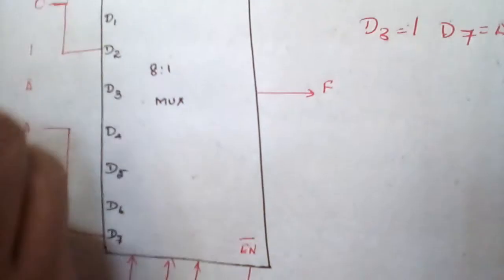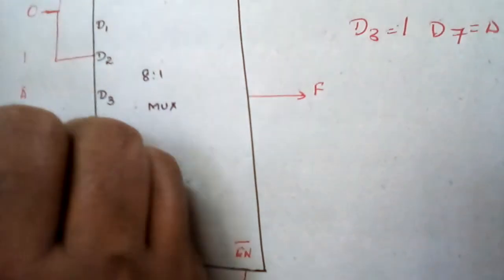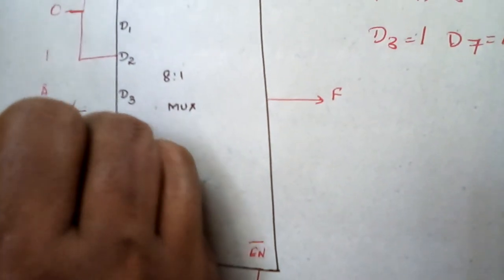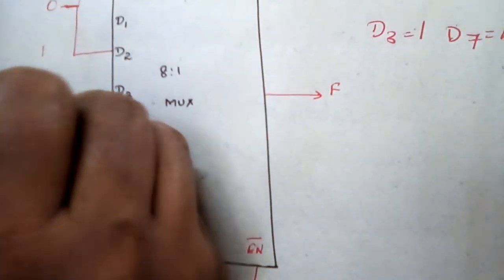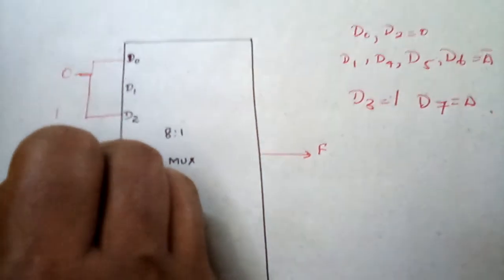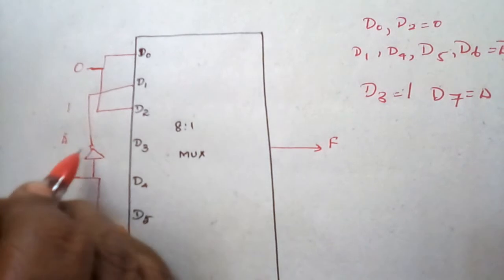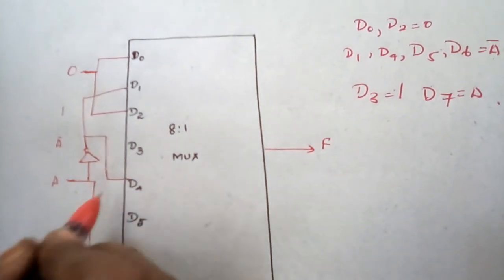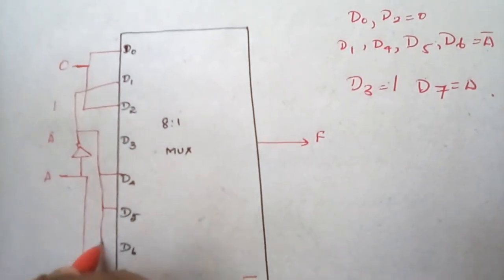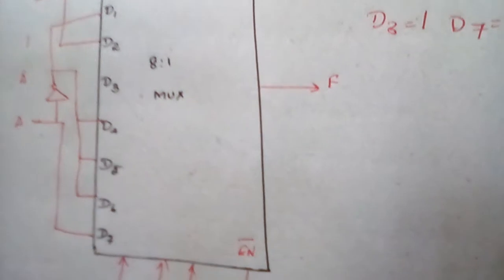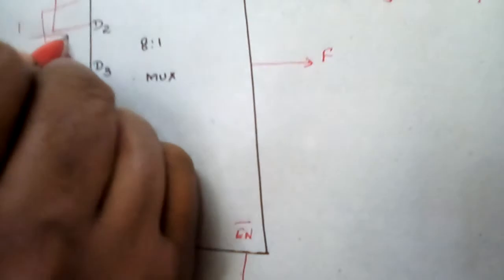Okay, and A can be inverted by means of a NOT gate, right? So it is inverted by means of this, and here this is A bar, it is connected to D1, right? And it is also connected to D4, D5 and also to D6, right? Okay, and D3 is connected to 1.